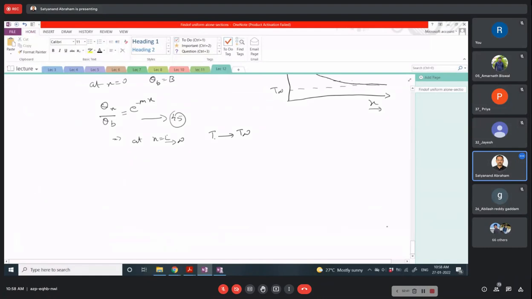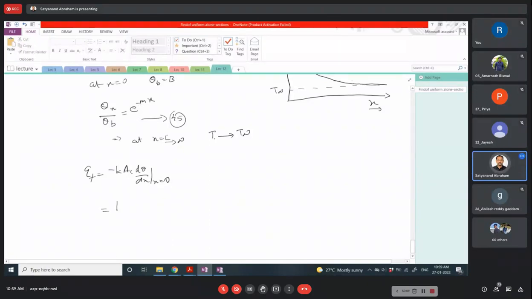In order to find the heat flux, Qf is equal to minus k A c d theta by dx at x is equal to 0. What is that? It is minus m e raised to minus mx, at x is equal to 0, e raised to minus m0 is equal to 1.